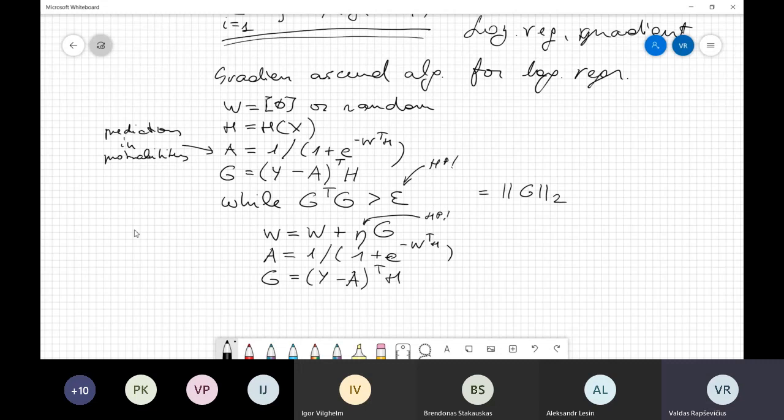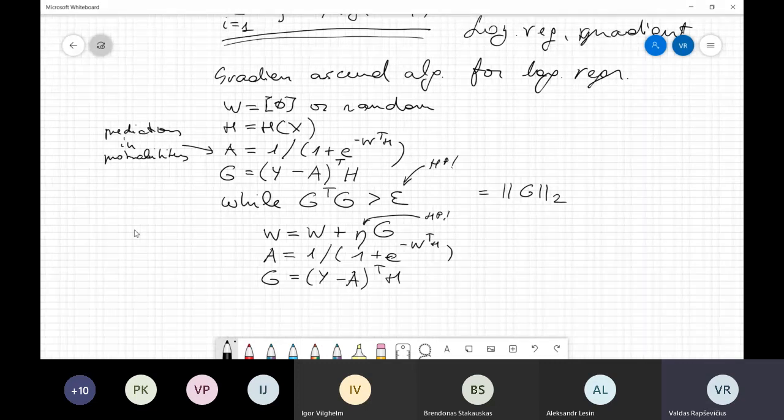The difference with respect to the perceptron is actually not that much. The biggest difference is that we actually do this: we calculate probabilities, but the gradient calculation term is more or less the same as we had, even though we made so many calculations in order to derive the gradient, the result is actually the same.